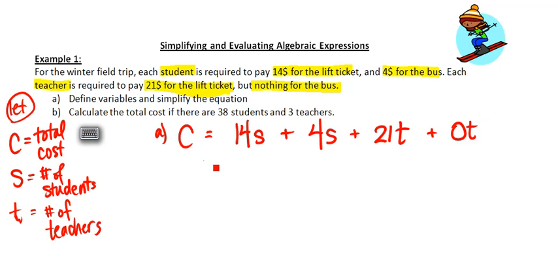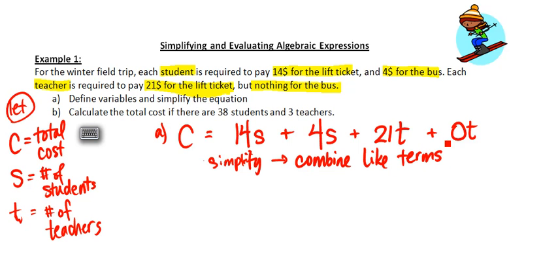Now simplification, to simplify an algebraic expression, means to combine like terms, which means things that can be combined. So if we look at our example, our students, we have $14 per student and $4 per student.